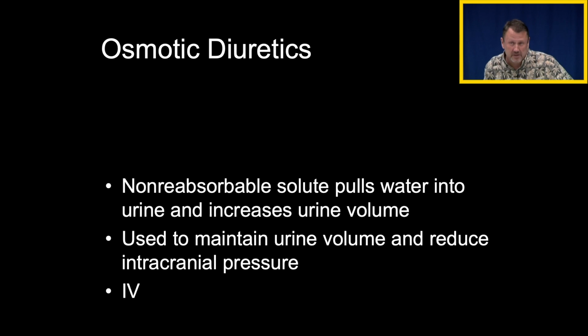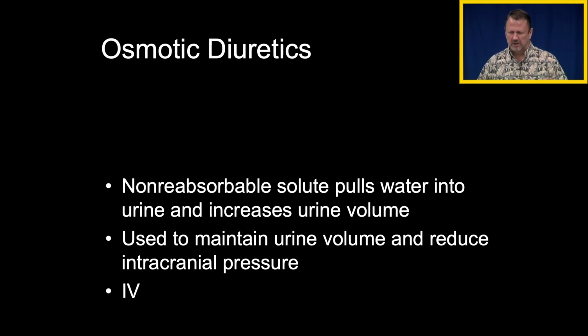While we're on the subject of diuretics, we're going to talk about some others that are really not used much in cardiovascular medicine. Osmotic diuretics are things that end up in the filtrate and then pull water out of the body and put it into the filtrate, increasing urine volume. That's why they say non-reabsorbable. These salts will end up in the filtrate, and they'll be like sponges.